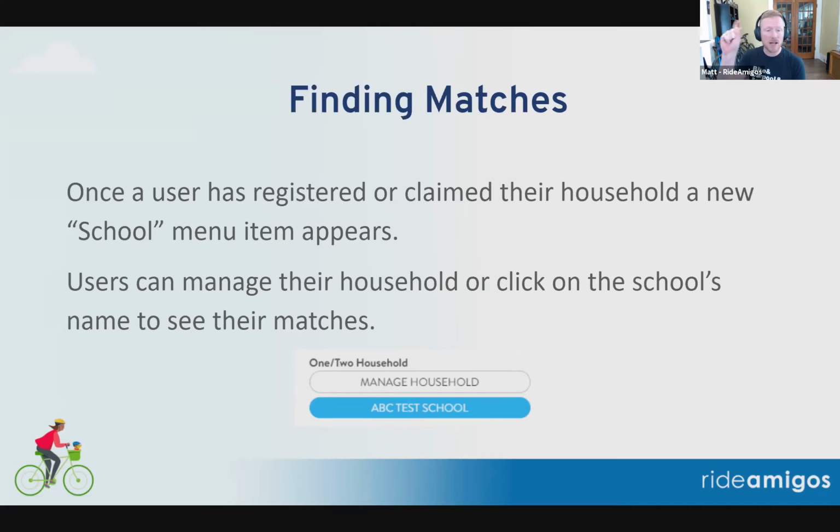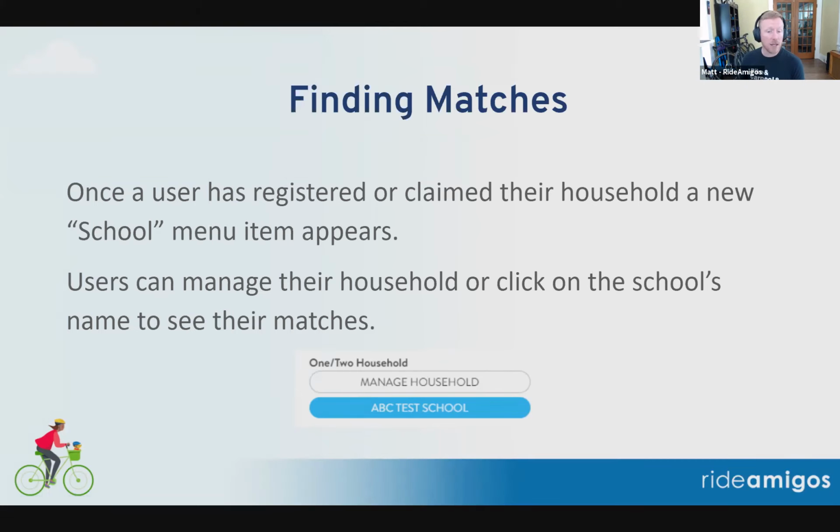Under school, you'll have specific menu items for each household that you may be claimed with. So for example, if you have students that are part of multiple schools, you might have 2 households, one for each school, and you'll be able to then see matches relating to each of those.